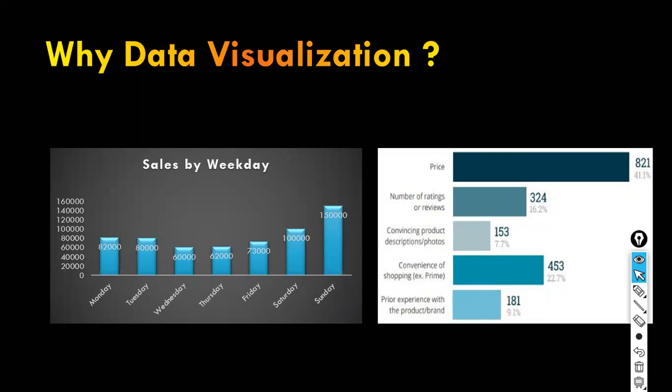When you run a survey, gather the data and plot it, you can quickly make out what factors drive them to purchase. Price, obviously. With this, we can see that price is one of the important factors that customers consider before they buy. And obviously the ratings before you go and buy any product.